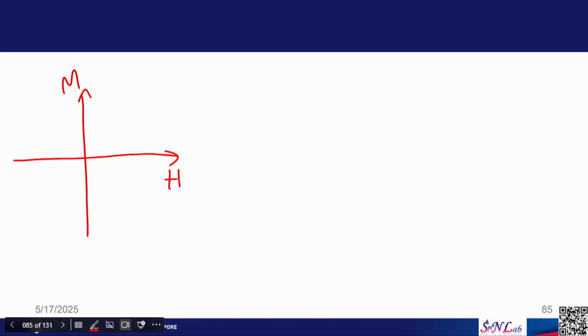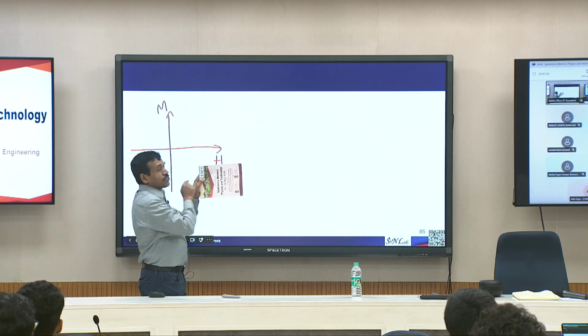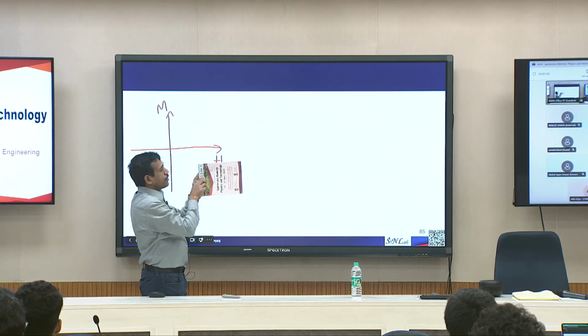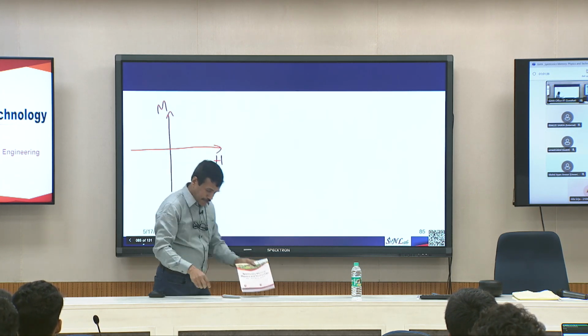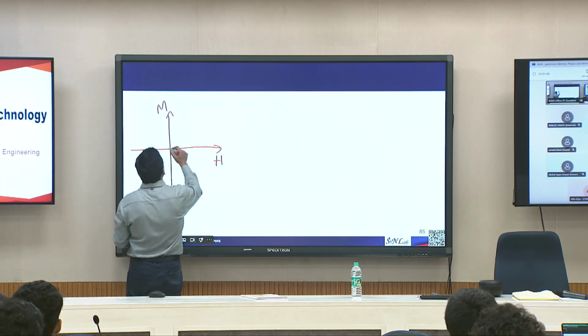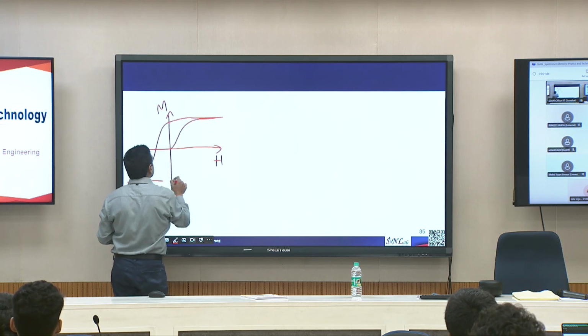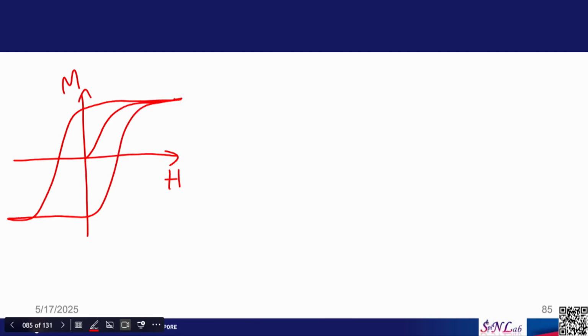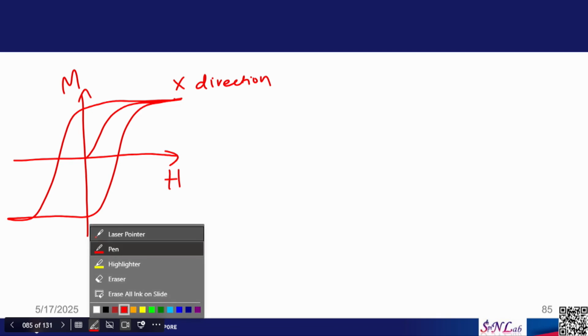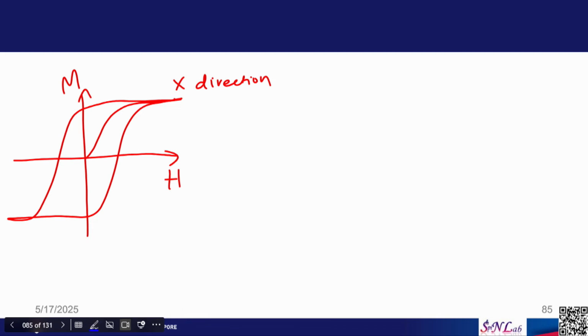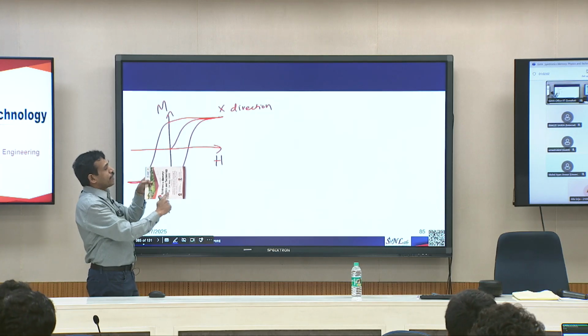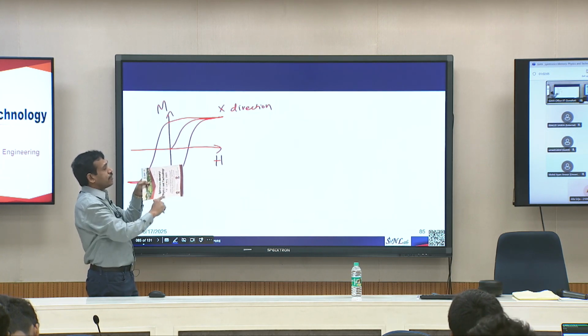Let us say I am applying a magnetic field along the x direction and I am measuring the magnetization as a function of field. Let us say it goes like this. Now, I am doing the same measurement on the same sample, applying the magnetic field along the y direction, which is along the shorter length.